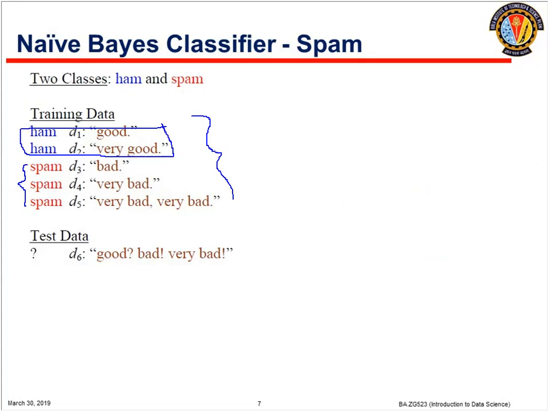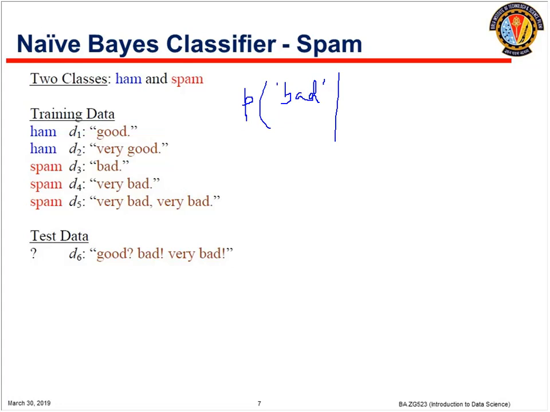So if you just go by this, what is the probability of the word bad, given that the document is ham?